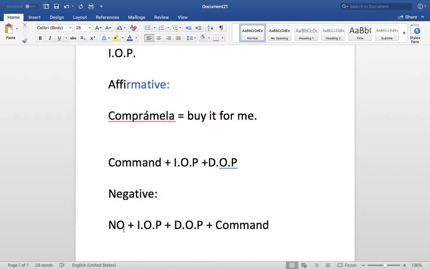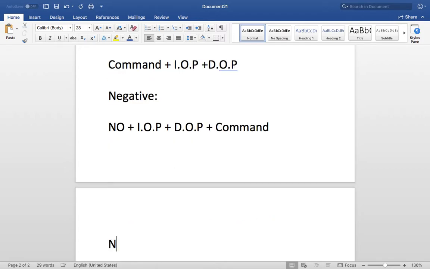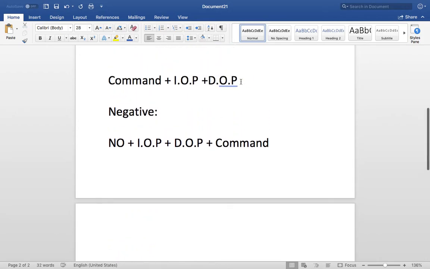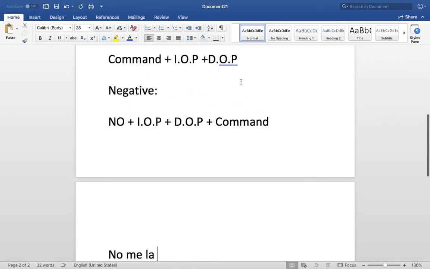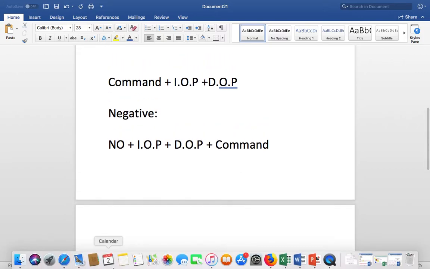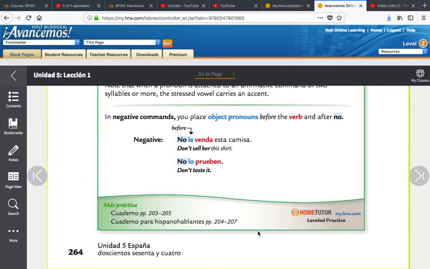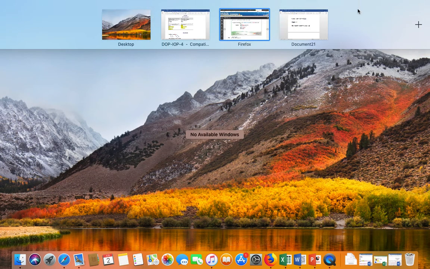So again, the formula is you are supposed to start with no. Which one is the indirect object pronoun? Indirect object pronoun, because you're going to buy it to me, right? Me. And what is the direct object pronoun, which is the sugar? And sugar is azúcar, and you're going to replace azúcar with la. And what is the negative command?